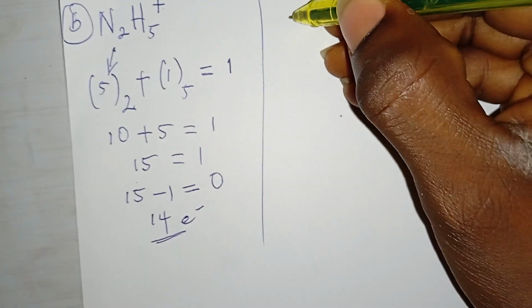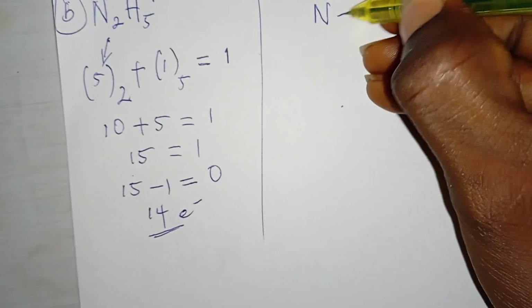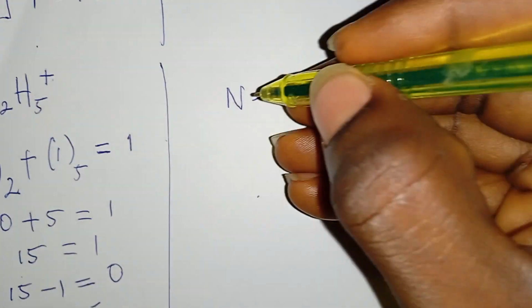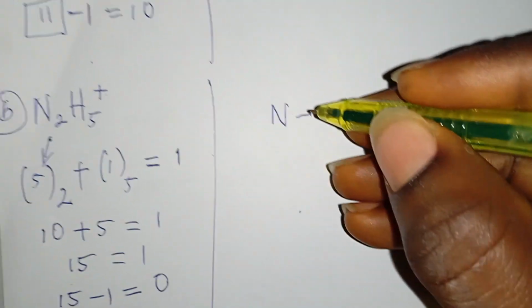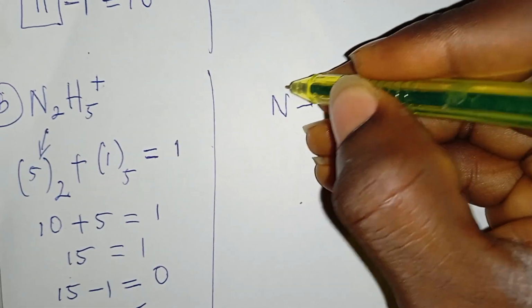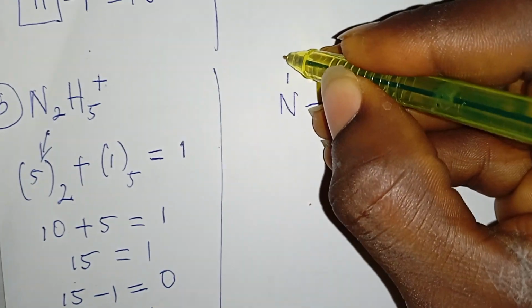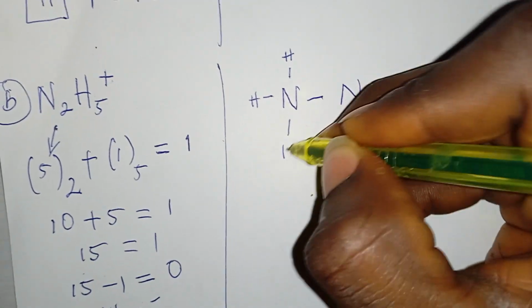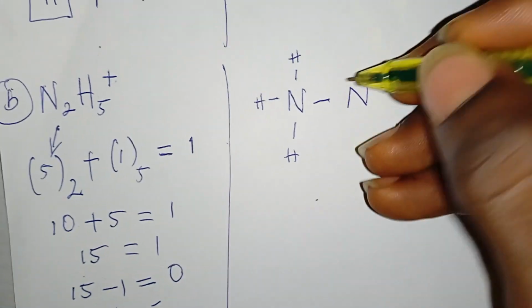The skeletal structure will have 2 N, that is nitrogen, and we have 5 hydrogens. Find a way to attach those hydrogens, because hydrogen is always looking for a way to attach itself so that it has just one bond.